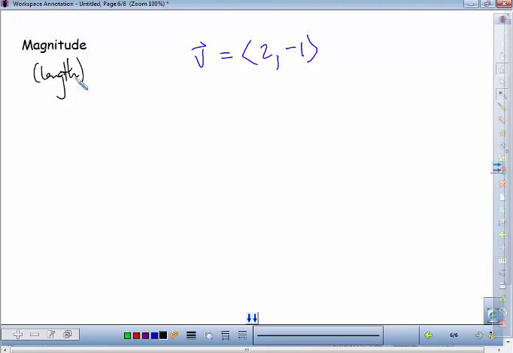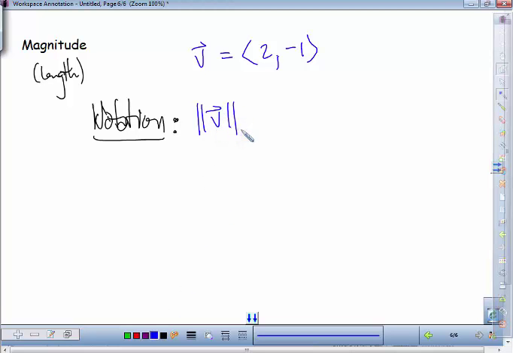In any case, the notation for this that we'll use is a double bar. Sometimes you'll see books use just a single bar. What do you think of when you think of the single bar? Absolute value. We'll come back to that idea in a minute.